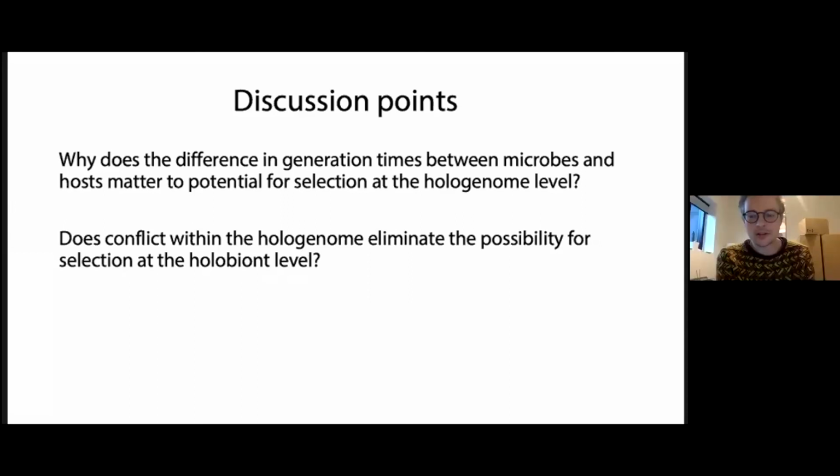But so obligate gut microbes, right? I think in some systems there are microbes that can only exist in the gut of the animal. Is it possible to say that is not selection on the holobiont? Is there a way to argue that that is not actually under selection?